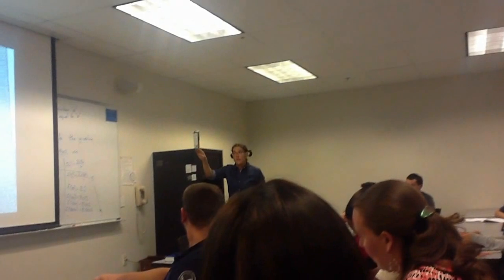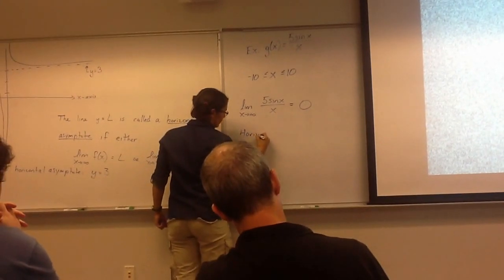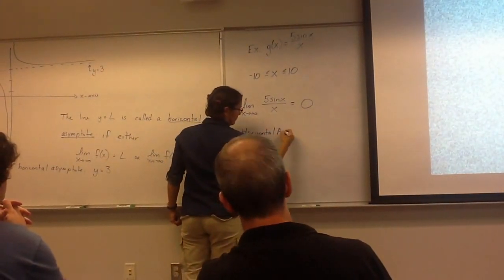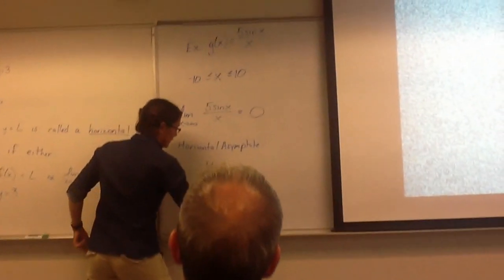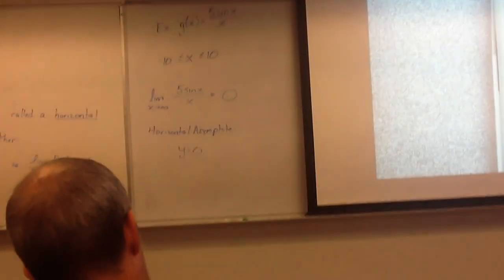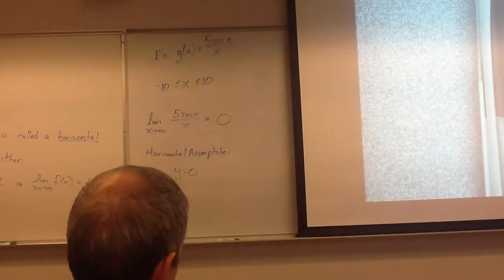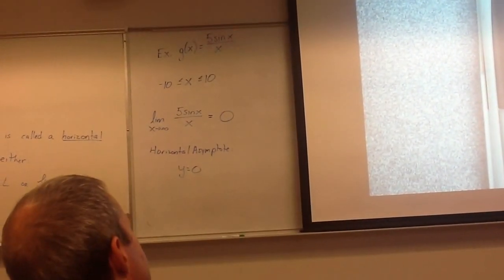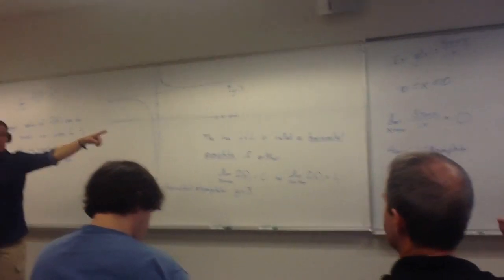So while y equals 0 is a horizontal asymptote, our function is crossing that horizontal asymptote infinitely many times. And that's totally legitimate. Any questions about that example?